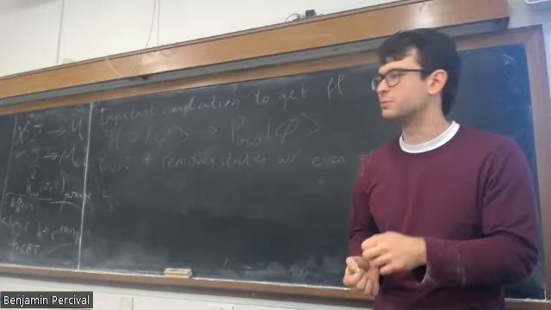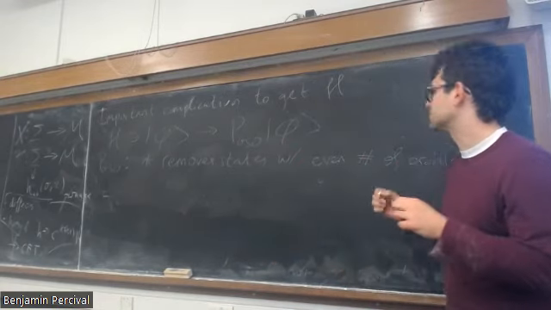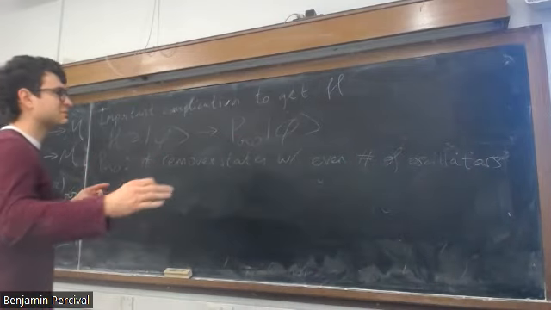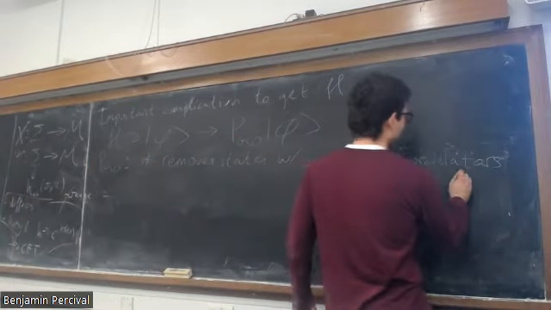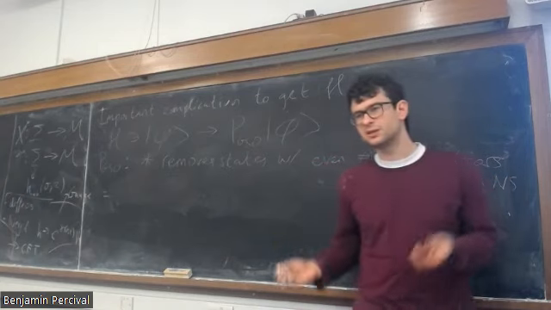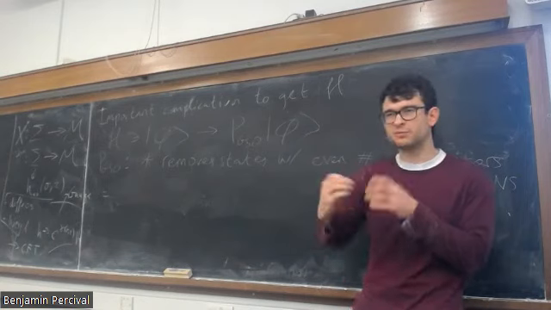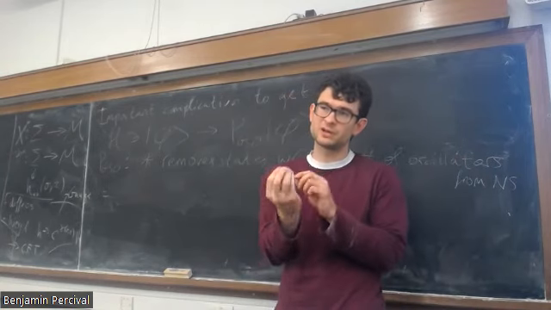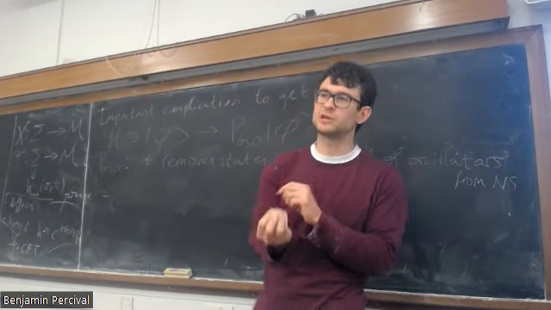So I'll just tell you what this projection does to start off with. It removes states with an even number of oscillators from the NS sector. By the NS sector, I mean the states built from the NS vacuum, where the fermionic vacuum is an aperiodic fermion.